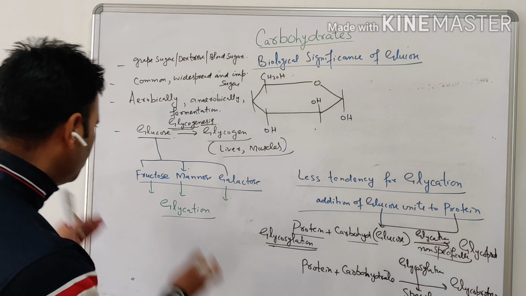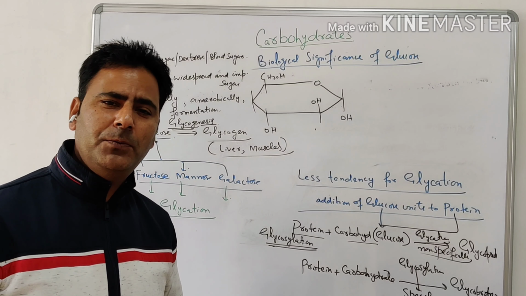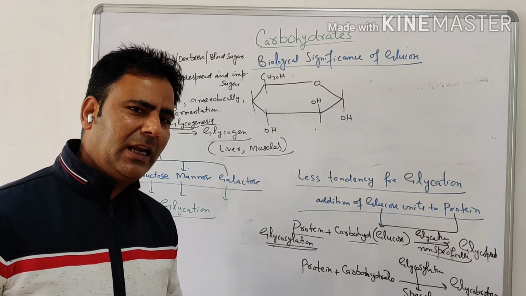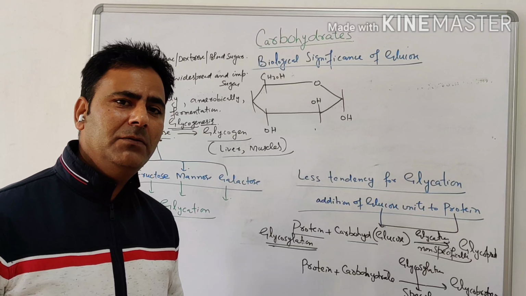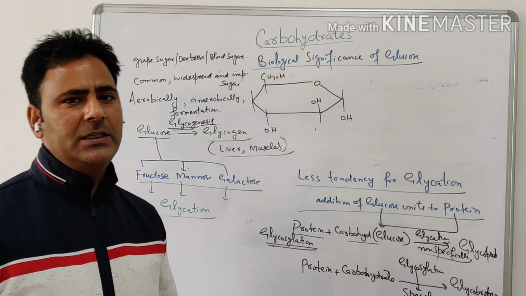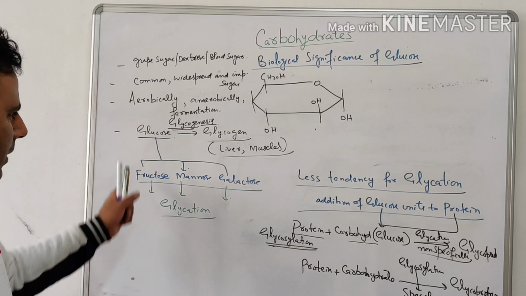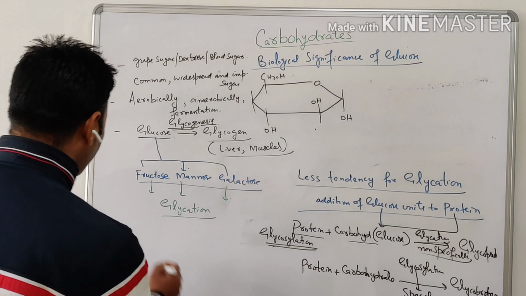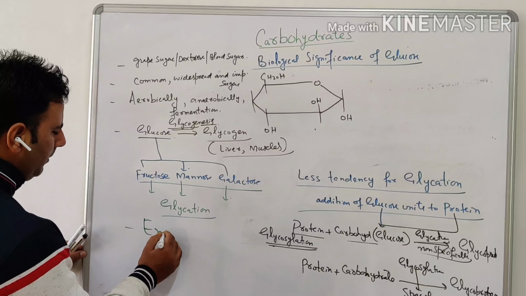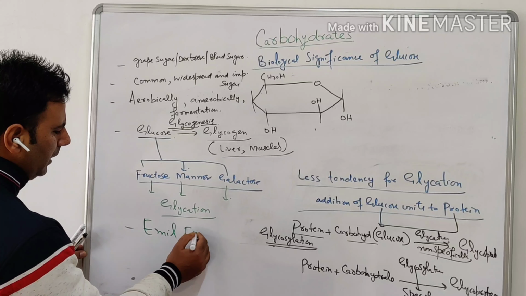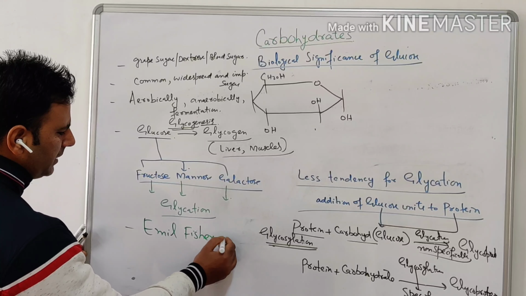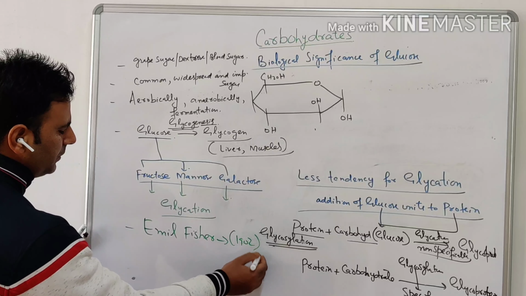Therefore, if fructose had been our respiratory fuel, glycation would have been very rapid and the damage to the body would have been very fast. So that's why glucose is an important fuel. It was Emil Fischer who gave the structure of glucose and received the Nobel Prize in the year 1902.